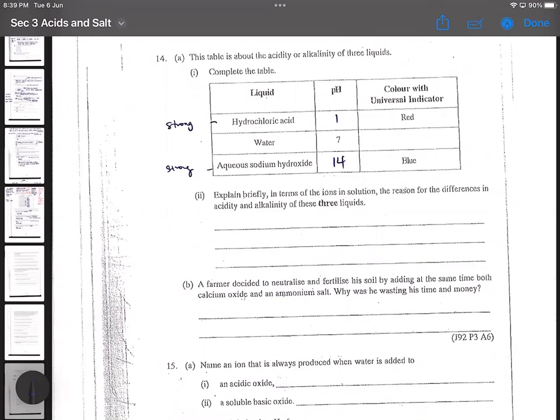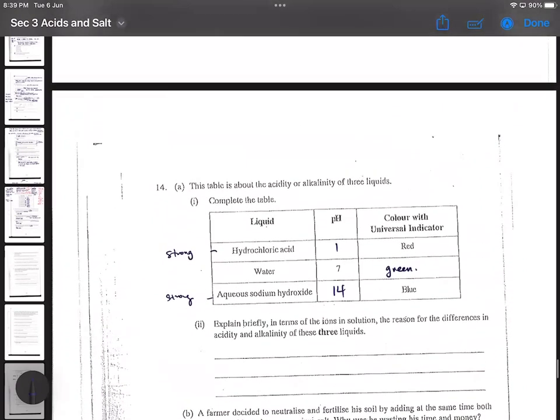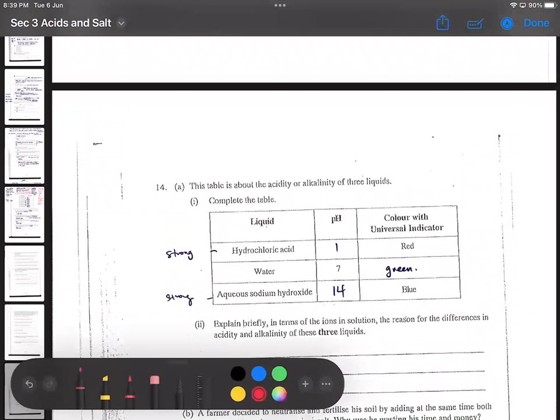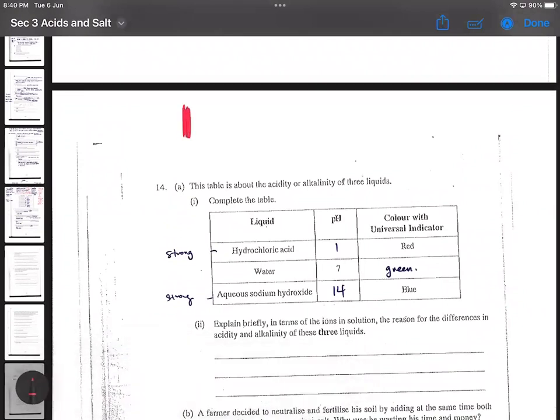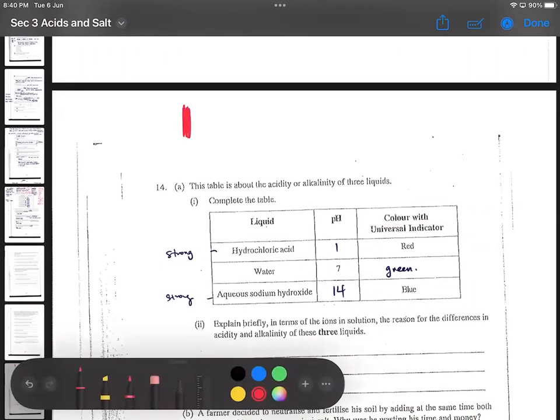So universal indicator: neutral is green. I don't know if I drew this before, let me draw this again. Remember this as the colors of the rainbow.